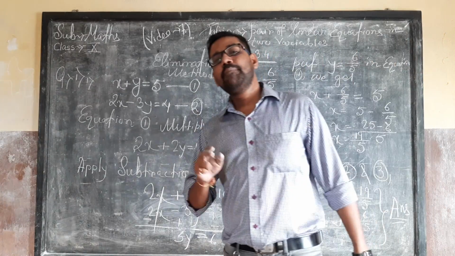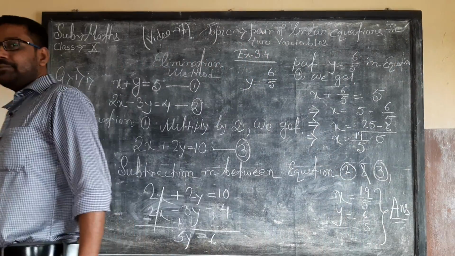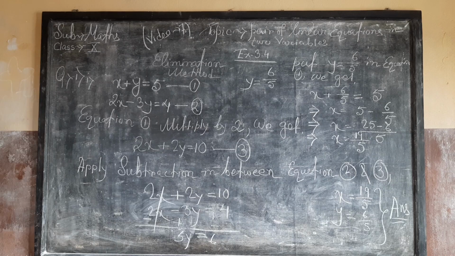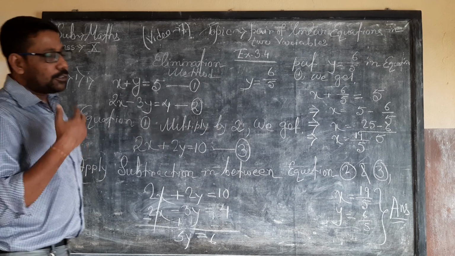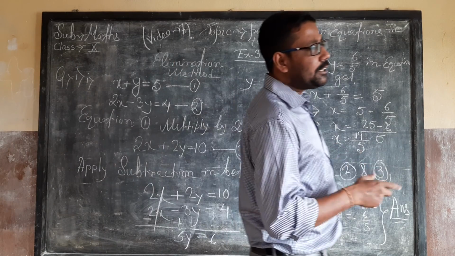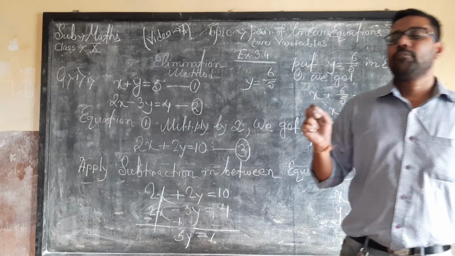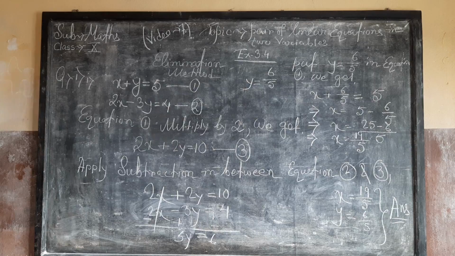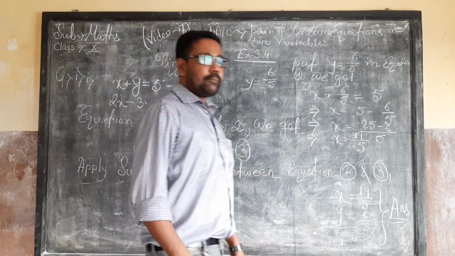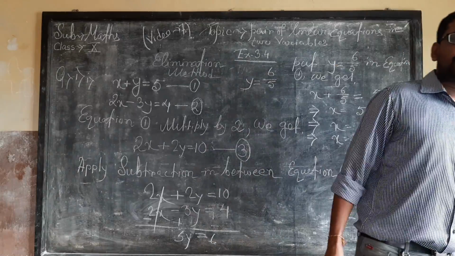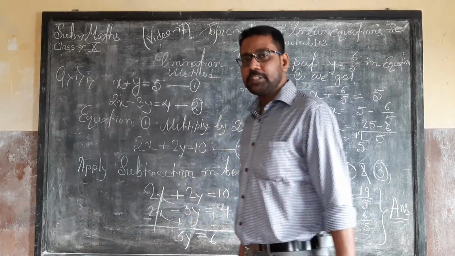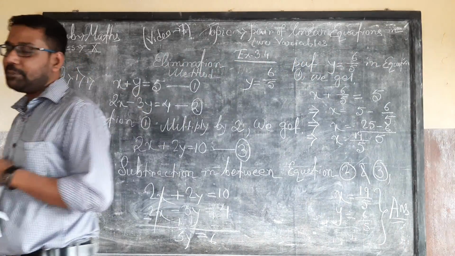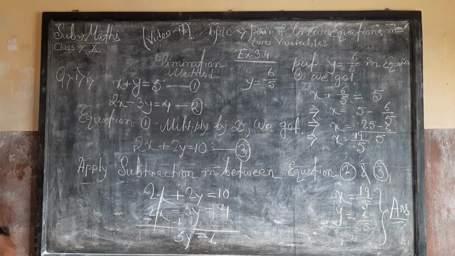This is the same as our previous one. This exercise also contains two types of problem. The first one is a given pair of linear equations, and you find the solutions with the help of the substitution method; this time it is the elimination method.